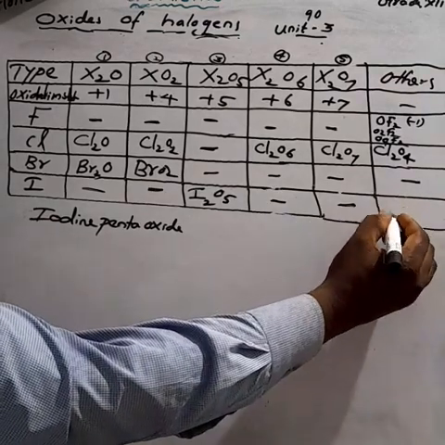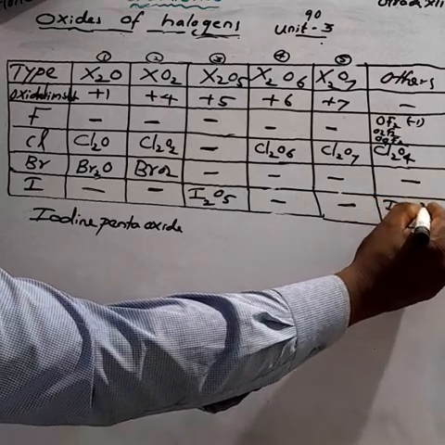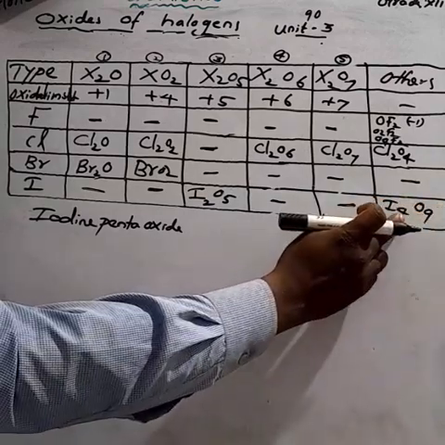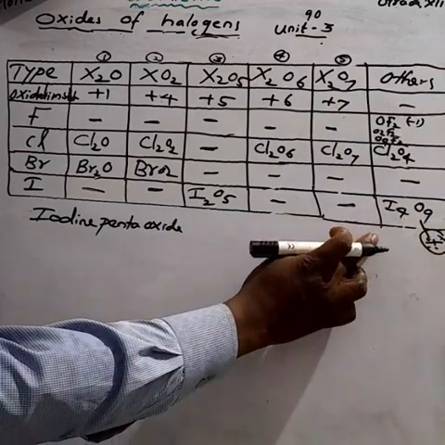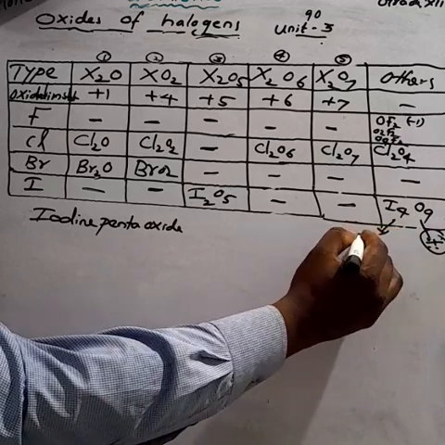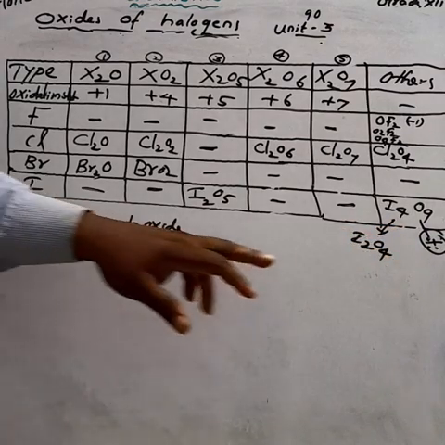And also iodine can form other oxides of halogen. For example, I4O9, one of the very important one-word questions, and I2O4.